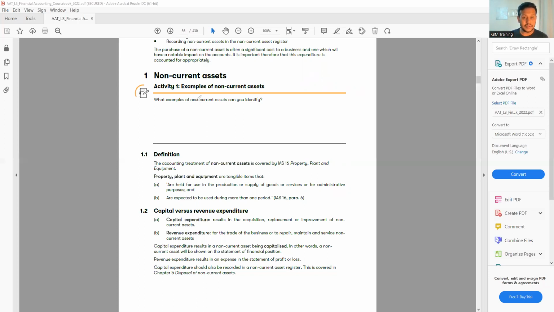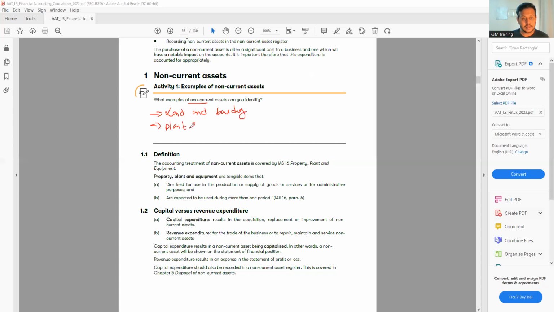So examples of non-current assets could be, number one, land and building. Land and building is a very common non-current asset. The business buys it because they want to use it for the operation. Then plant and machinery.